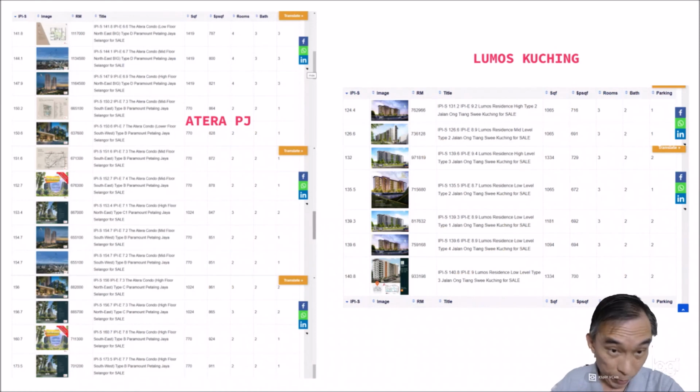At the same time, I have done 2 other projects, which are Atera in Petaling Jaya and Lumos in Kuching, to give you explanation and discussion about how IPI could help decision making.